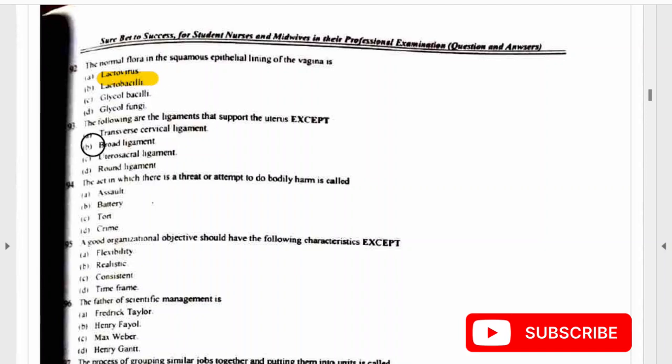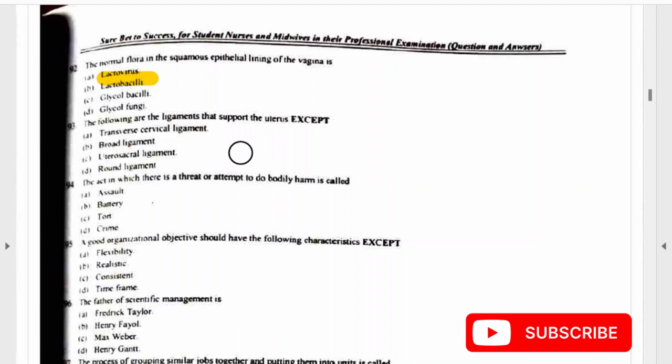B. 93. The following are the ligaments that support the uterus except. All right, let's see this question. If I understand my embryology very well, I think almost all of them, if not all of them, should be ligaments that support the uterus.